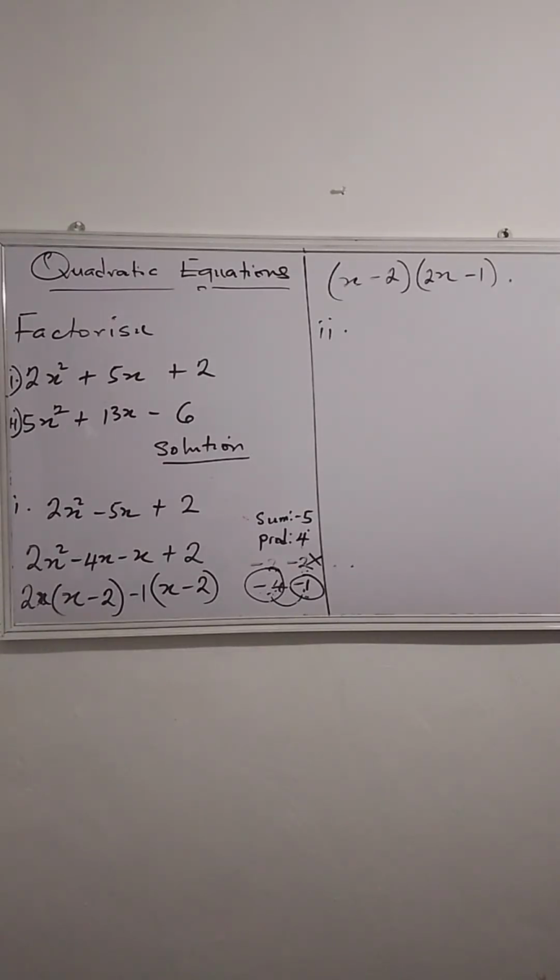Okay, here we have x minus 3 times 5x minus 2. Yes, Uber has an answer here. We have 5x plus 2 times x minus 3. Yes, I'm waiting for others.